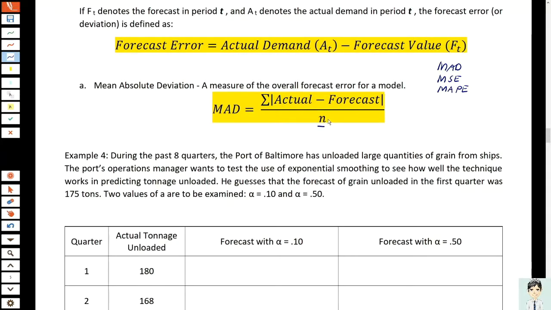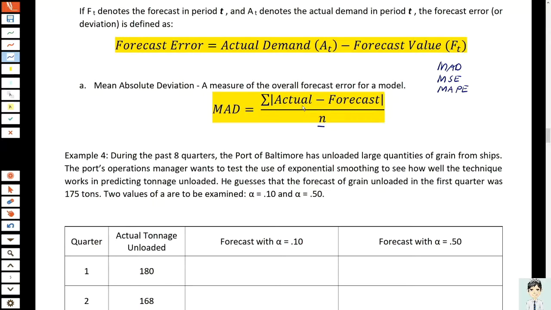To give an example, so we can understand how to compute the mean absolute deviation, we have example number 4.